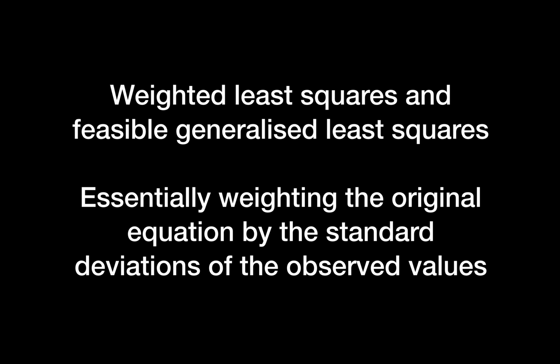So you're dealing with the problem of it not being homoscedastic by weighting the original equation by those variances that the observed values have. And once you've done this weighting, then you apply ordinary least squares. And that's essentially what generalized least squares is doing.